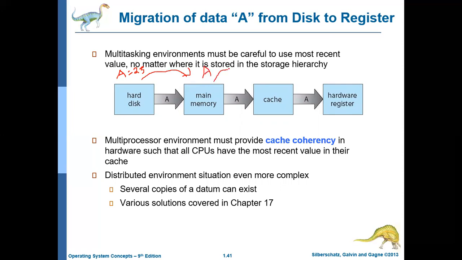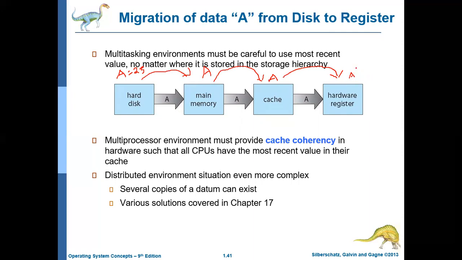Again the copy of that will be moved to cache memory. So A also comes here. Now again the copy of that will be moved to registers. Registers are very close to the processor, so the processor can now access A at a much faster rate, and it performs some computation.